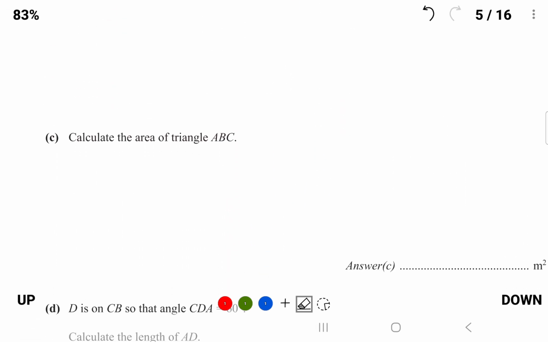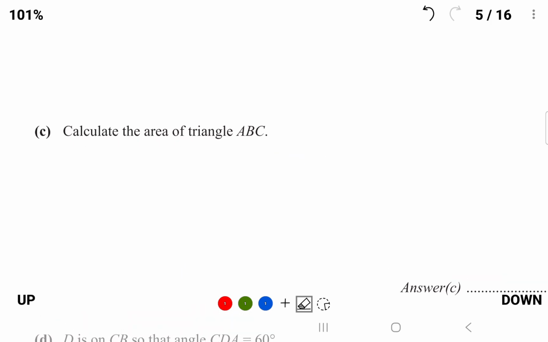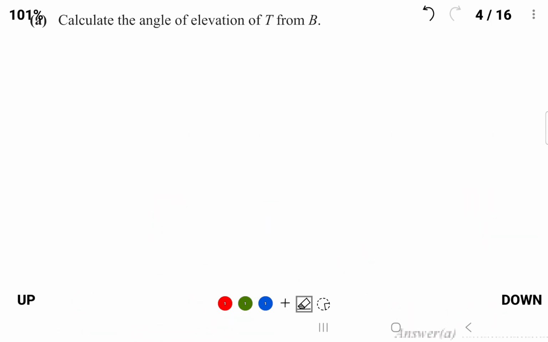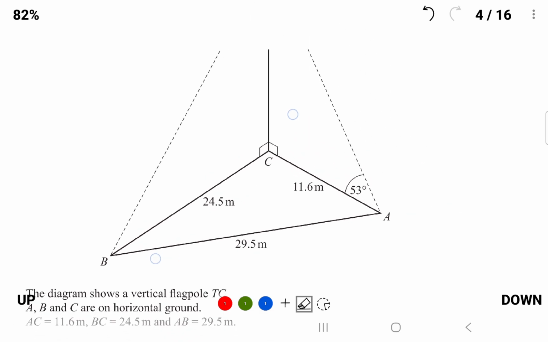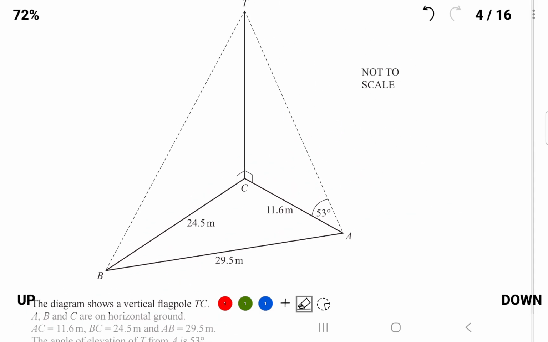Next question here, calculate the area of triangle ABC. So let's go back to the diagram again. Area of triangle ABC. Now area of a triangle is equal to half ab sine C. That's the formula for the area of a triangle.